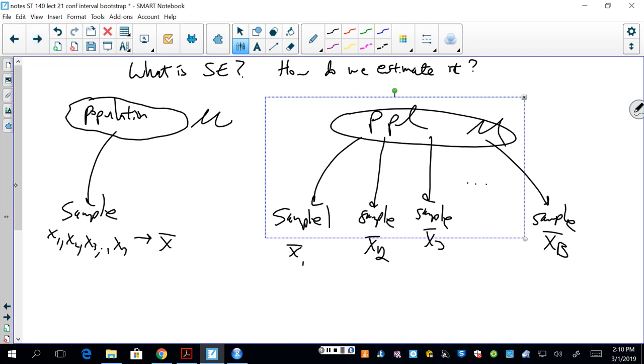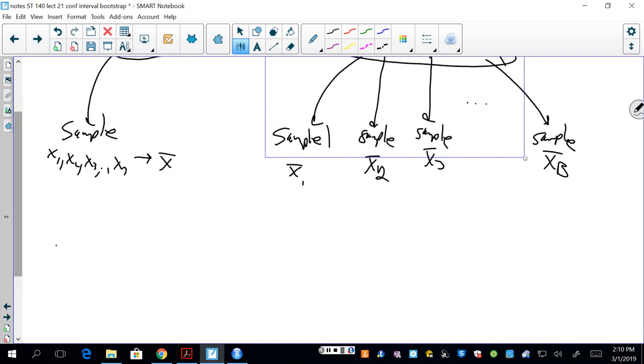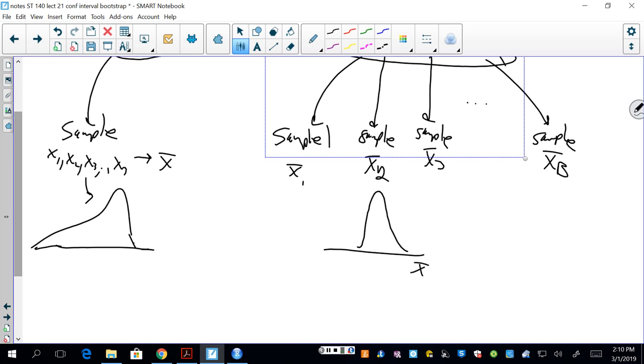If the distribution of the x's is skewed and spread out, the distribution of the x bars is likely to be more symmetric and narrower. So there's a difference between the data distribution and the x bar distribution.